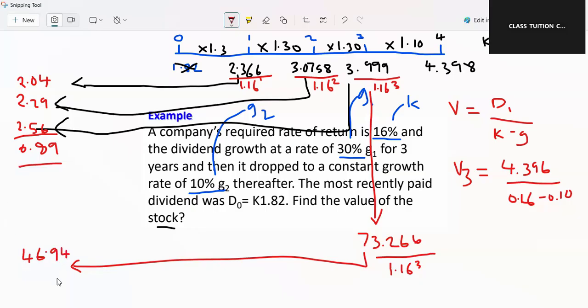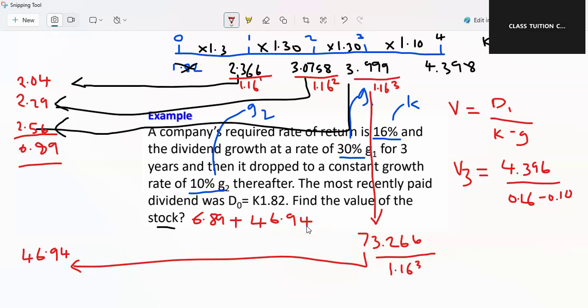Okay. So now the total value of stock now, you add the two. 6.89 plus what? 46.94.